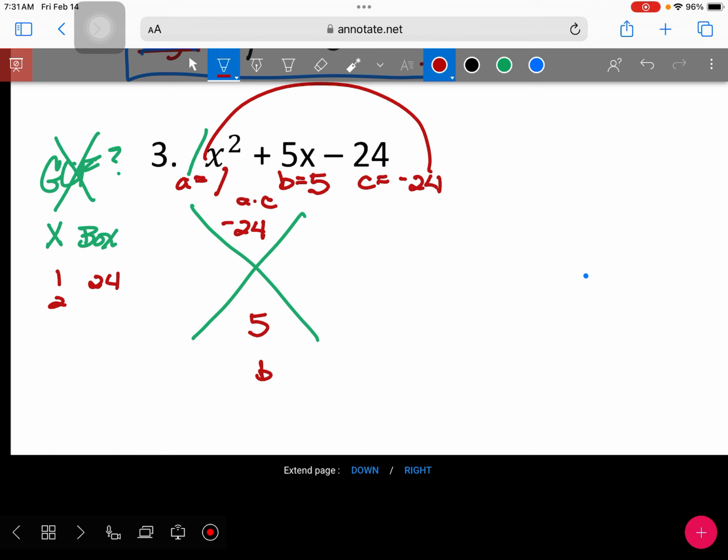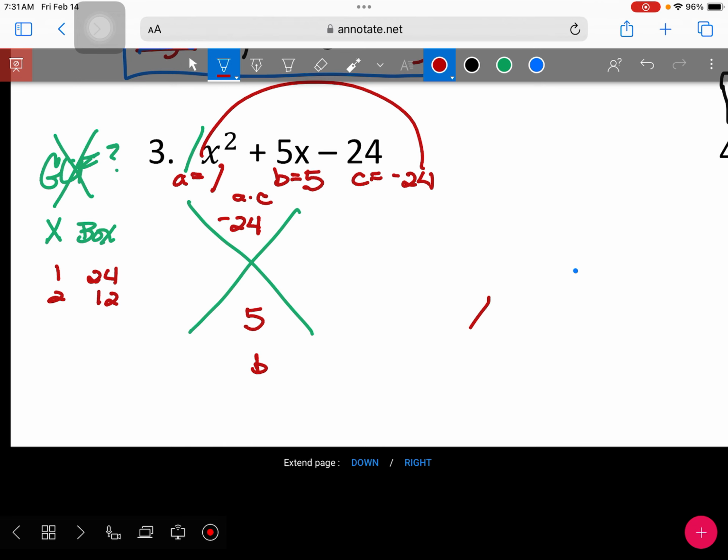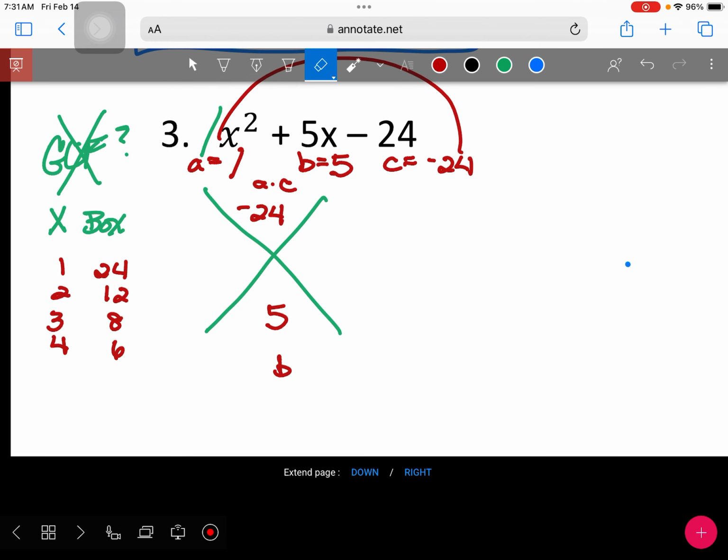Now, I see people doing this, but they'll maybe stop after 2 factors. You have to go through the whole gamut because there's 3 times 8. There's 4 times 6. So you can't just stop after a couple. All right? Okay, so this is positive.